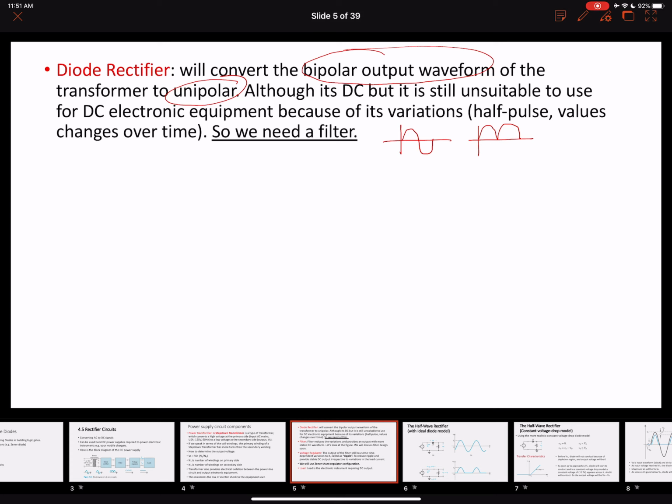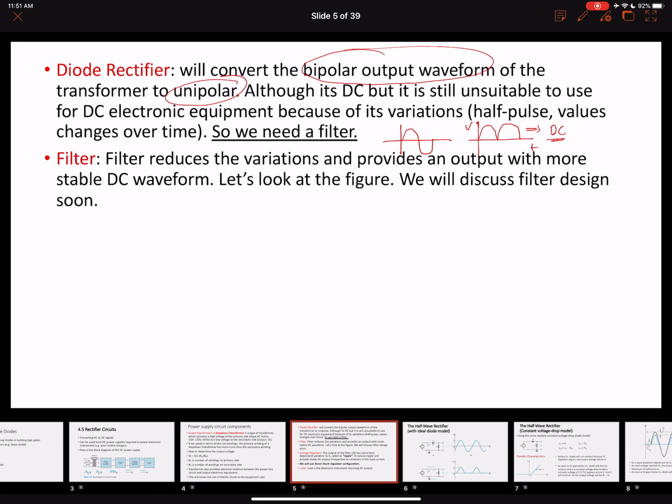And we know that although this is still DC voltage, there is significant variation in the voltage with respect to time, right? This is not desirable in terms of charging our batteries. We need a constant voltage. So that is why the next step is to use a filter. The filter will help reduce these variations, and it is going to behave something like this.